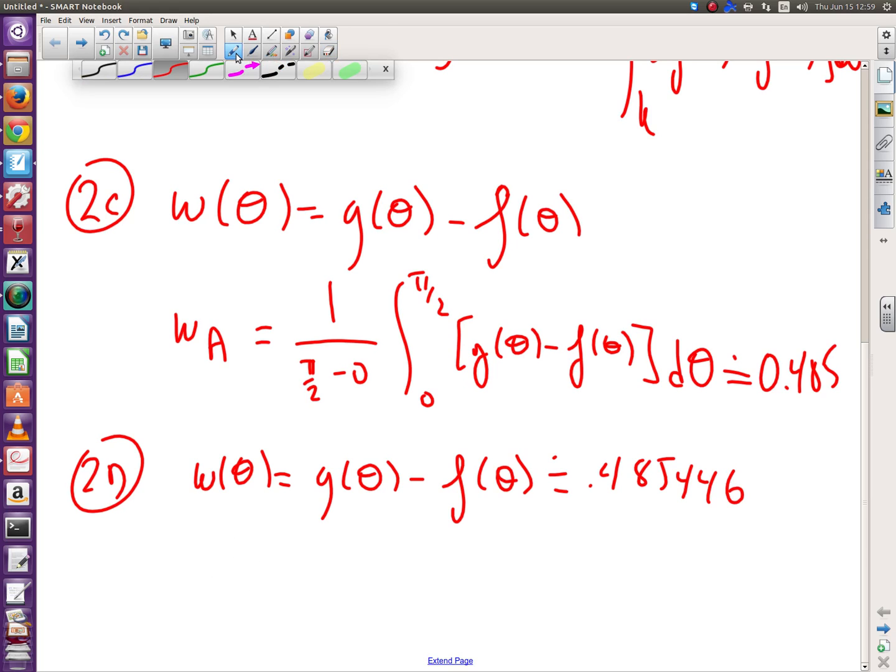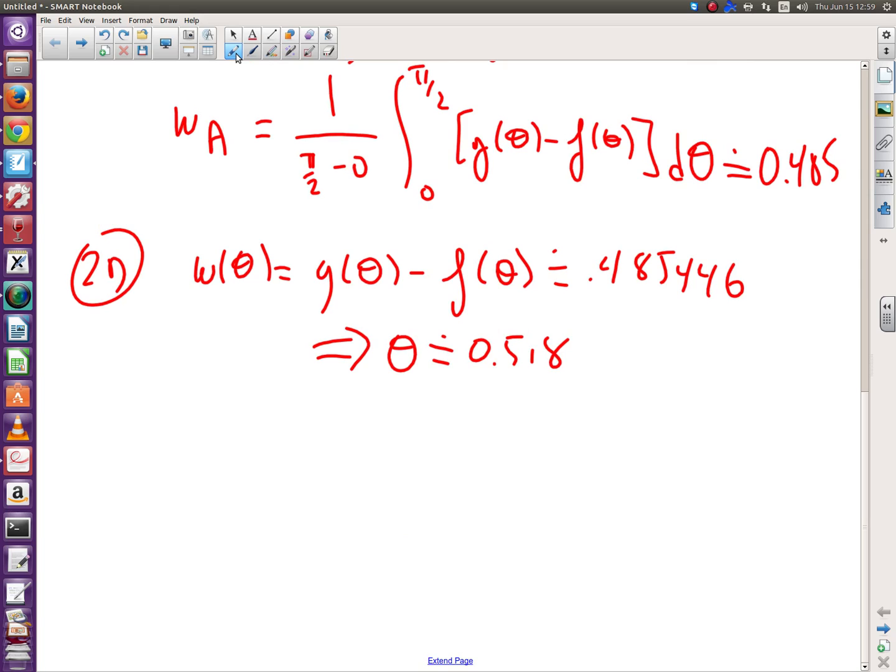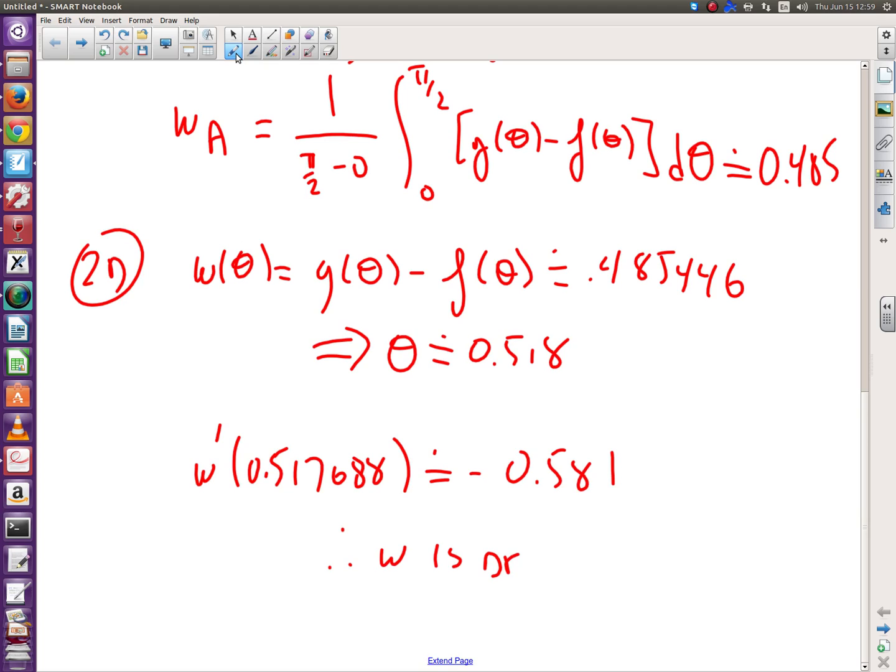So that means that theta is about 0.518. But then I want W prime there. W prime at 0.517688 is approximately negative 0.581. Therefore, W is decreasing there. When W of theta equals W of A. Ta-da!